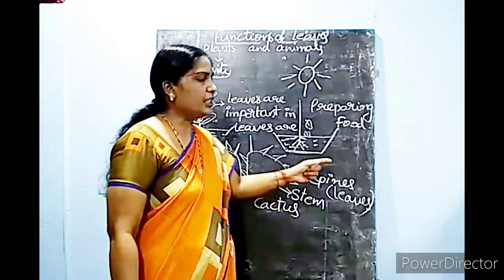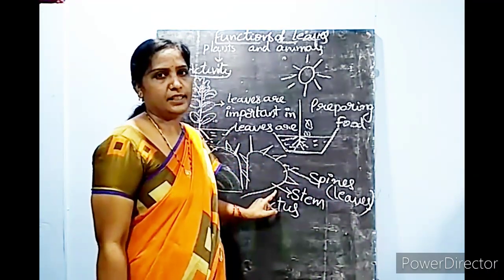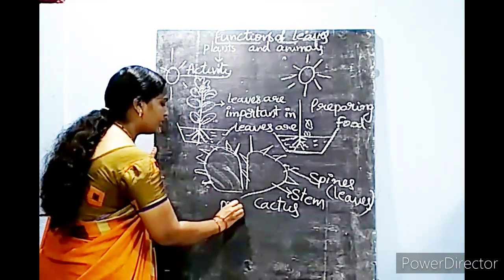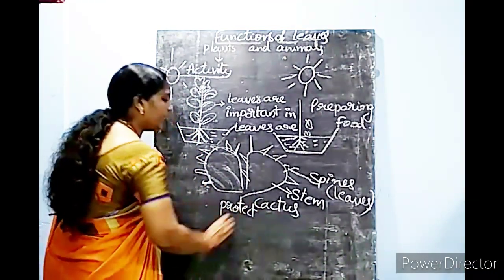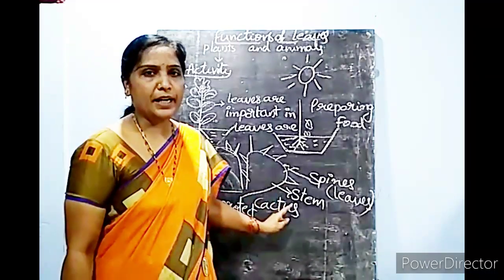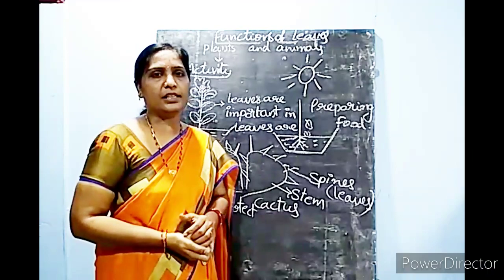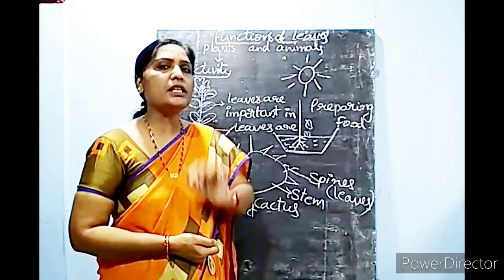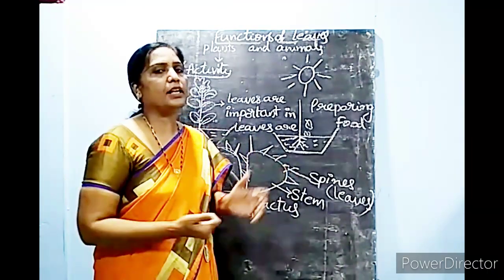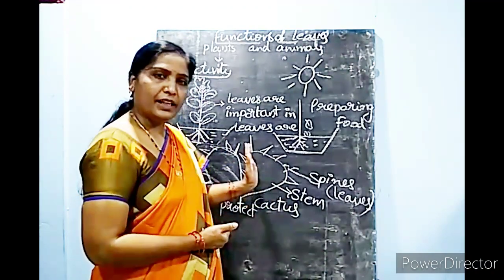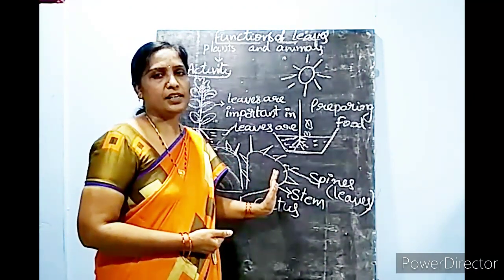Then what function are leaves doing in cactus? They protect the plant from animals. When an animal comes to eat the cactus, the spines may hurt the animal and it cannot eat the plant. In such a way, they are functioning.